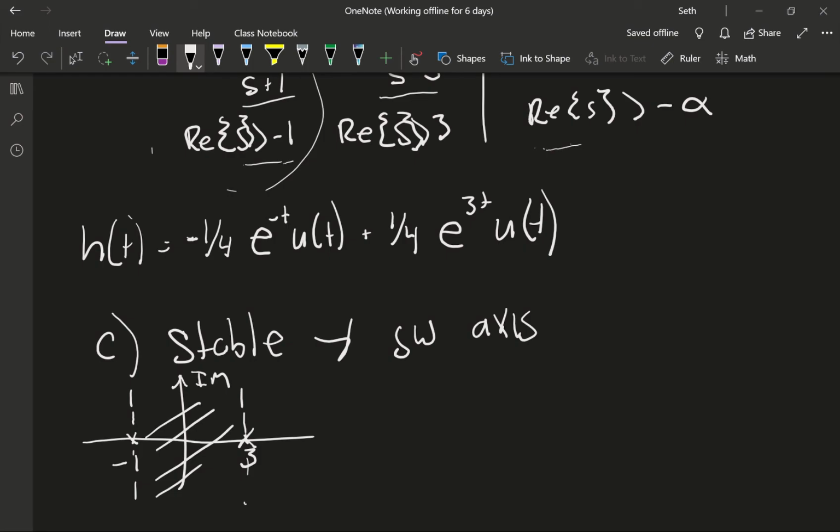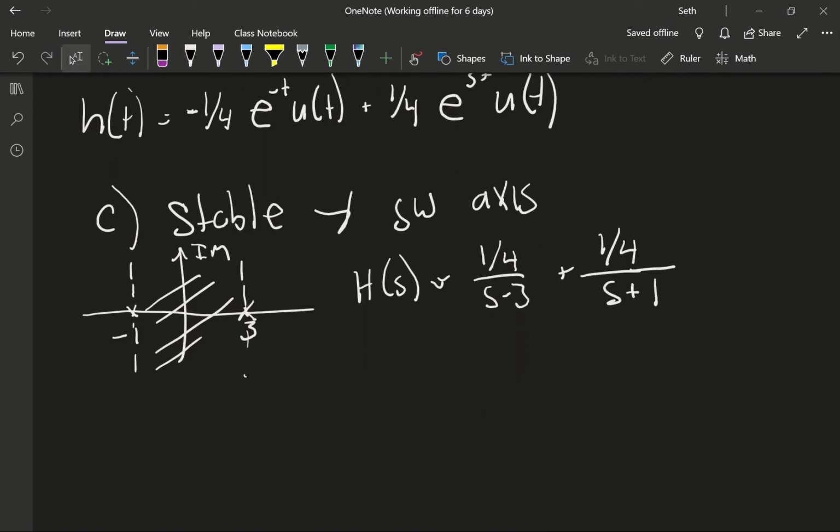So we have h of s, we know it's, so we want the real part of s to be less than 3.